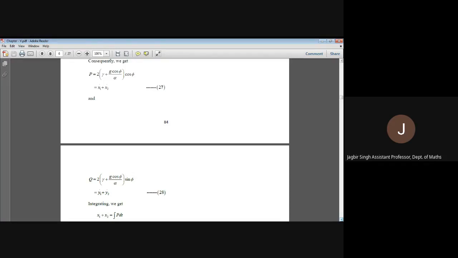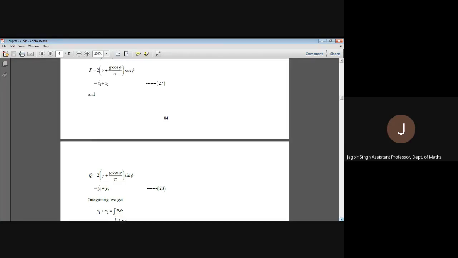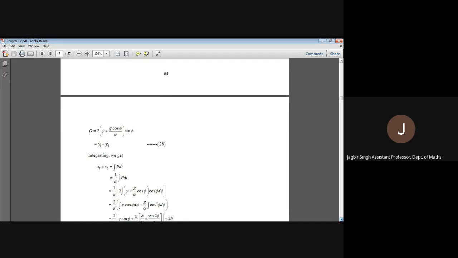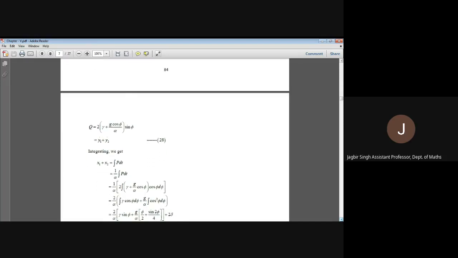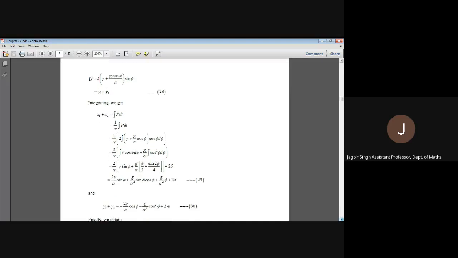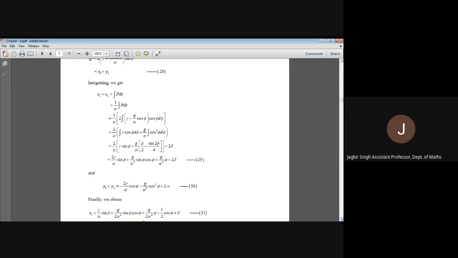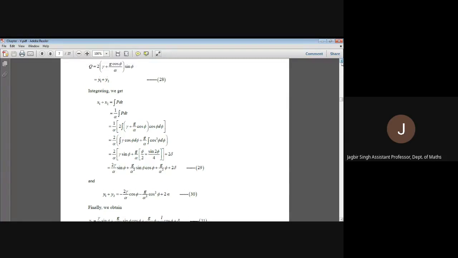Integrating these two with respect to t, from equation number 10 we obtain x1 plus x2, and from 28 we will obtain y1 plus y2. I think you can obtain the value of this integration. Also, these are x1 plus x2 and y1 plus y2.